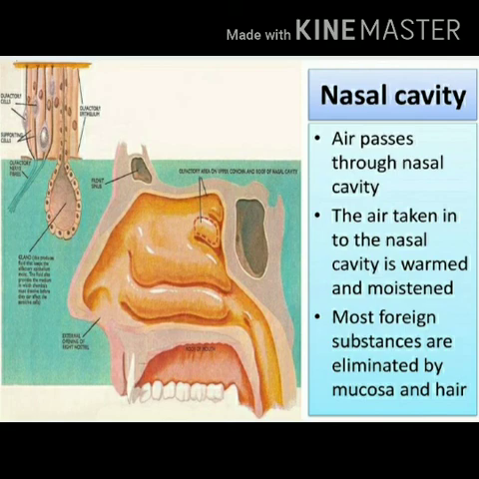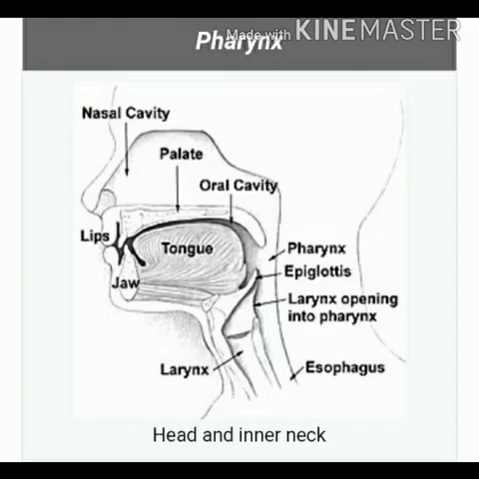If the air is very warm, it is converted according to our body temperature, and when it is very cold air, that is again converted to our body temperature. So this helps the nasal passage to protect from harmful effects.